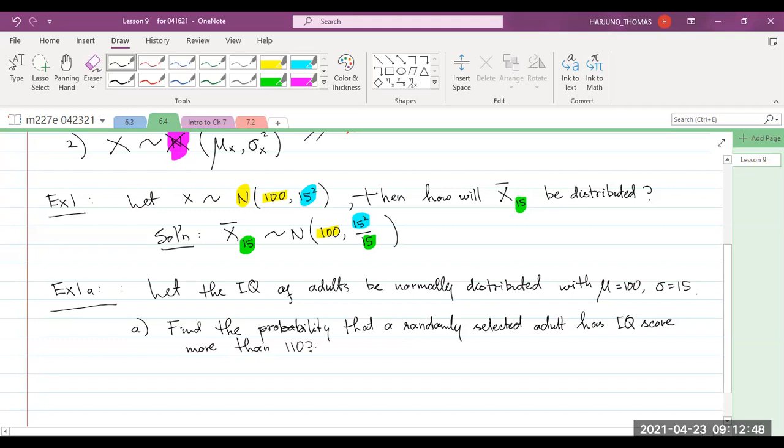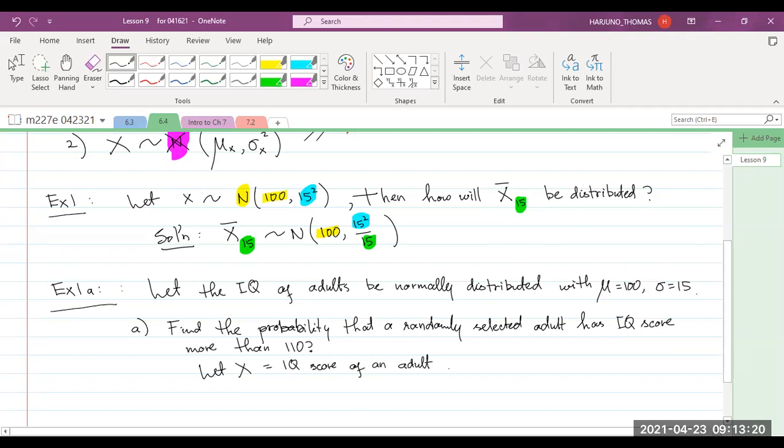That's what we learned last week, right? So X is normally distributed. Let X be the IQ score of an adult, only one adult.